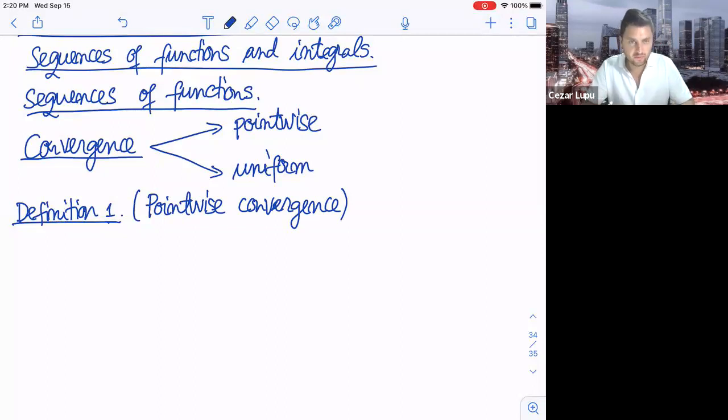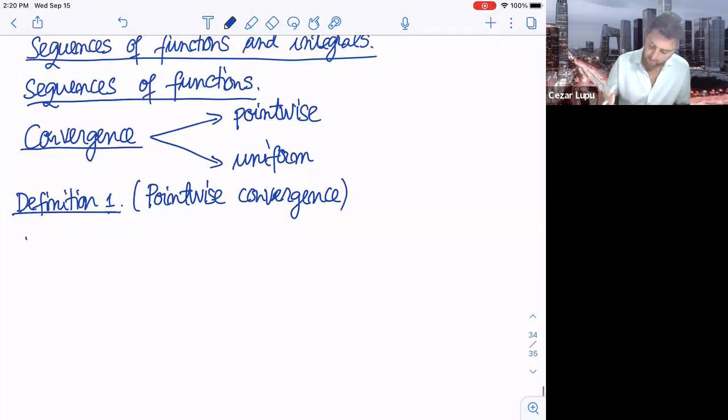We'll see a bunch of examples and so on. In fact, we will see a sufficient criteria for pointwise convergence to imply the uniform convergence. But anyway, we'll get there. First, let's start with the definition.